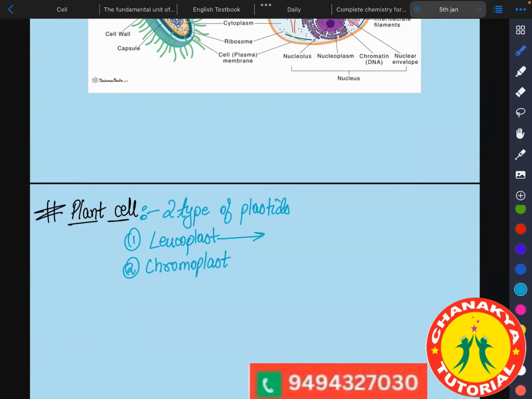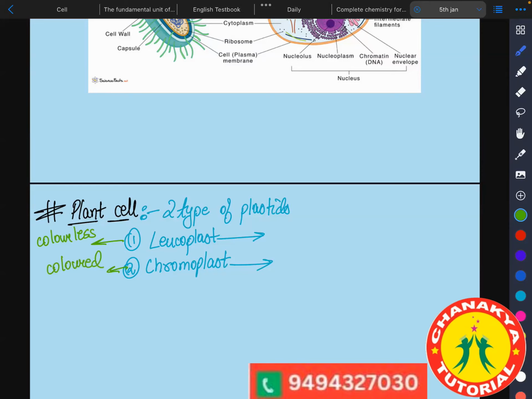Leucoplast is mainly the colorless part, whereas chromoplast is mostly the colored part.